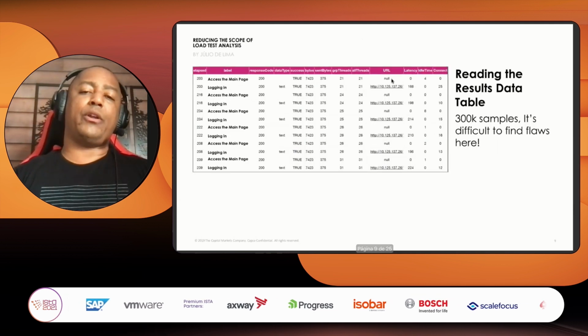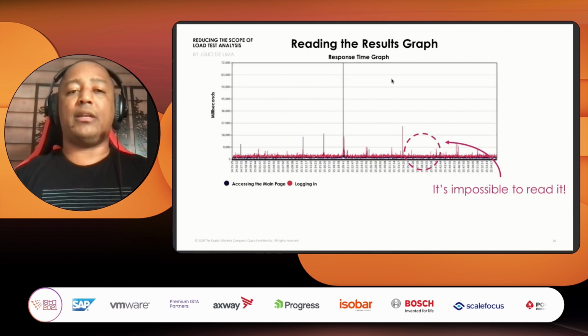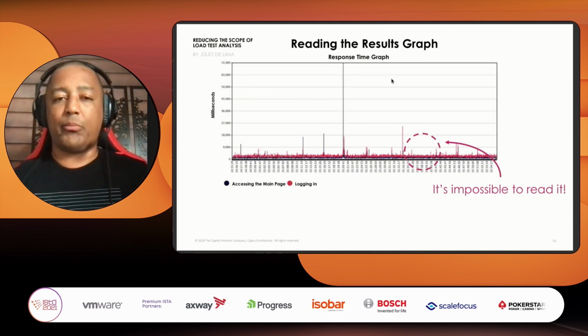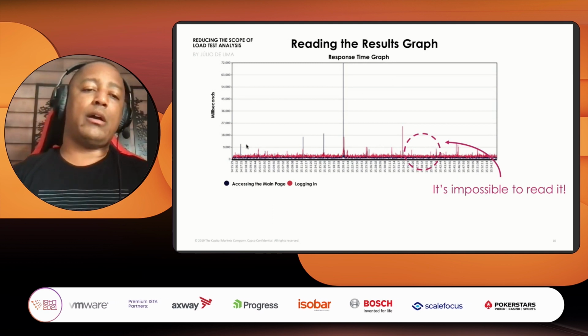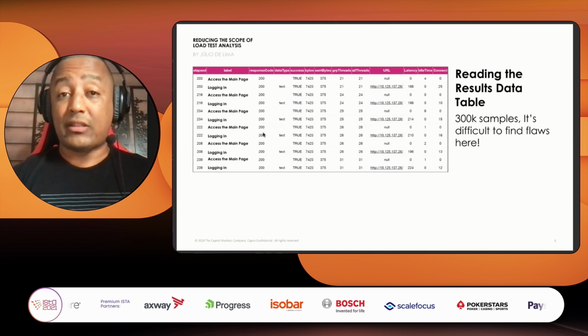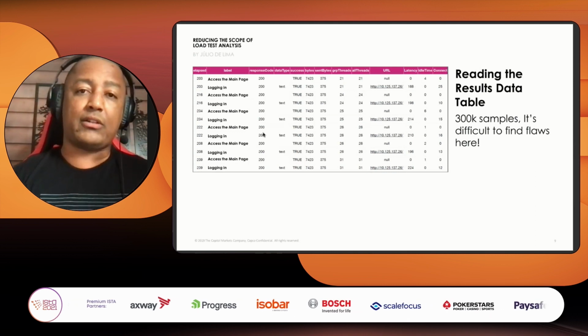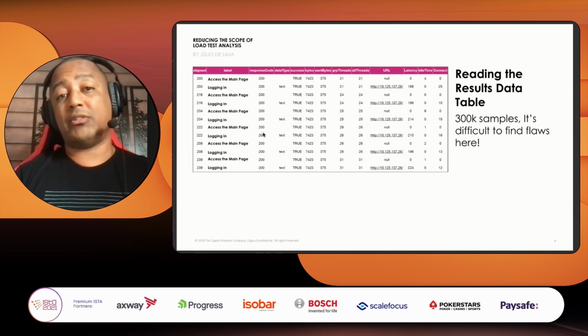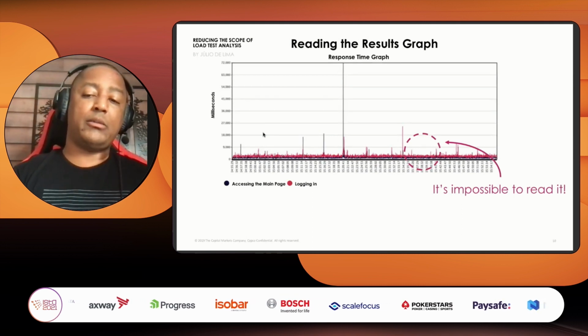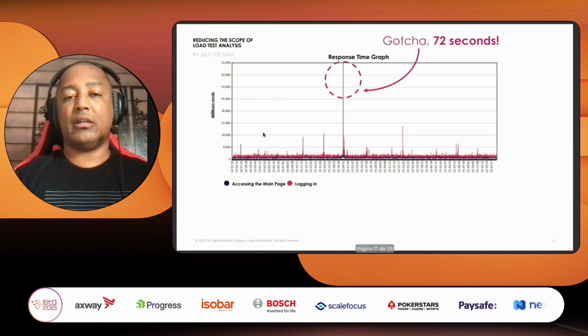And this view here shows something that is different than what we saw before, right? The table can show me the data. However, 300,000 records is difficult to analyze. And when I am looking at this picture here, it's impossible to read.